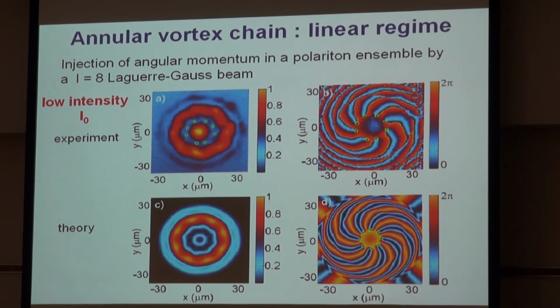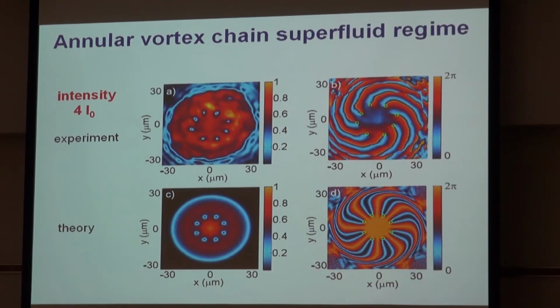And now if we increase the intensity, so the population, there's a very clear change in the behavior. Here the interference with the rings disappears, and we just see here the vortices. But here it's real vortices.